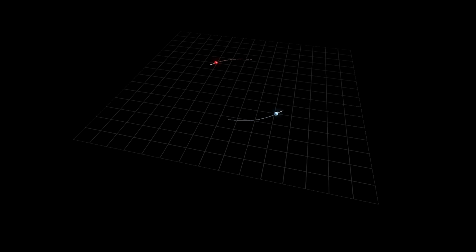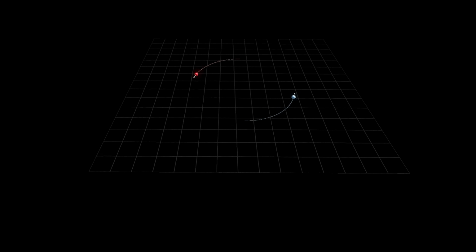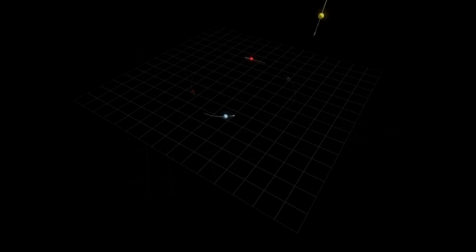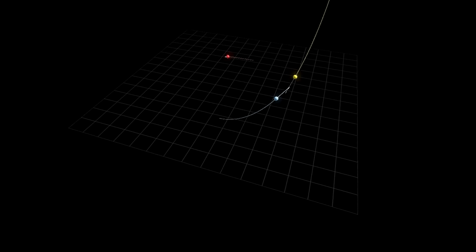There are a lot of equations that can help to find the exact position of the body at the exact moment. But adding one more body to the system, the situation changes completely.